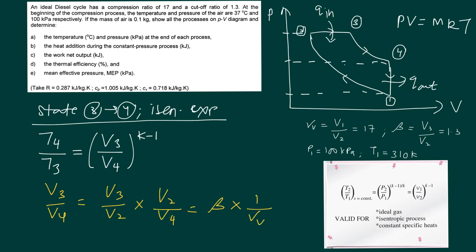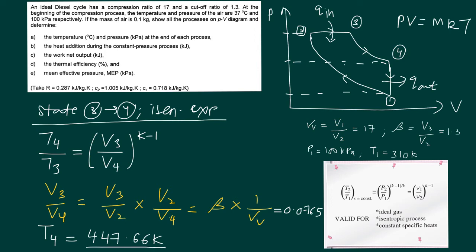So once you get the value, you can substitute into these equations. T3 you already found, and finally you will get your T4. So now you have already obtained your temperature 4 here.